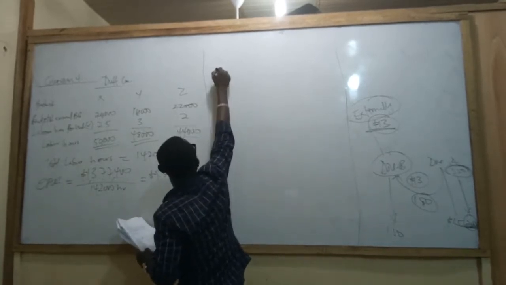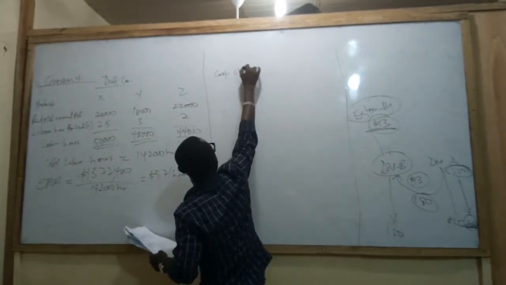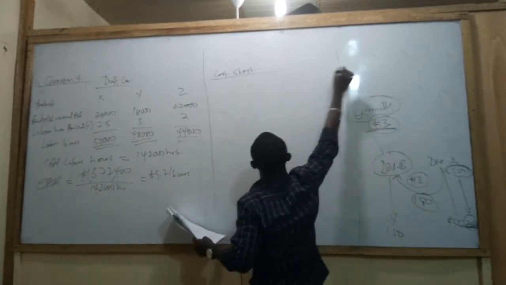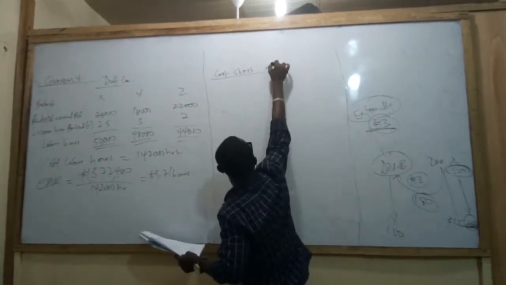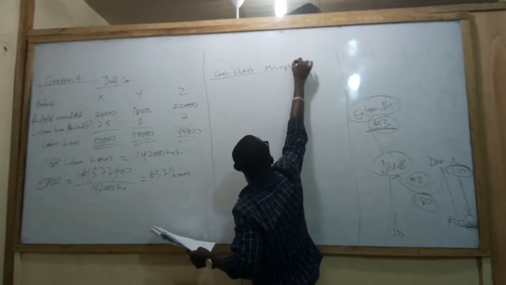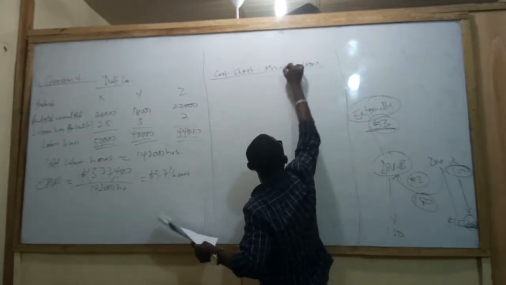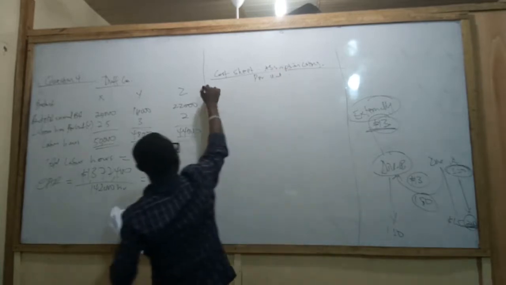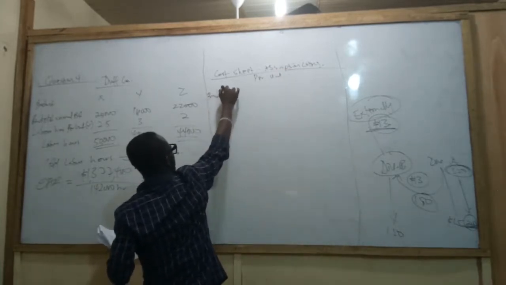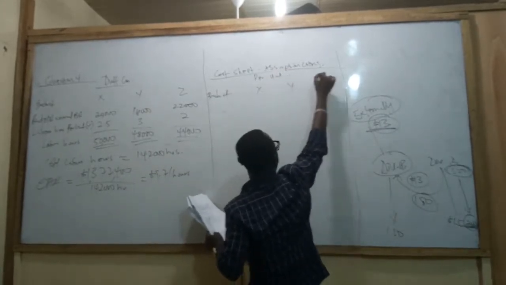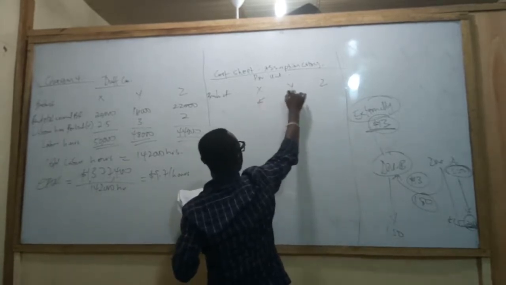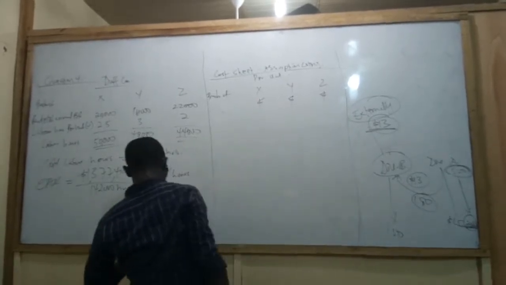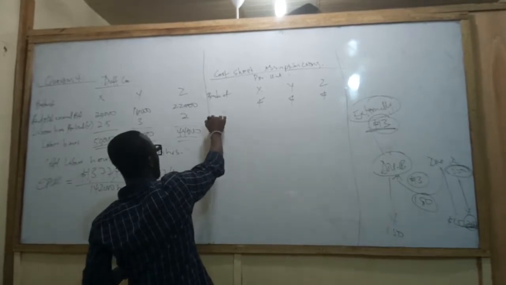Okay. So let's look at the cost sheet under absorption costing. But this is cost sheet per unit. So products X, Y, Z. What are the cost items? Direct material is there.